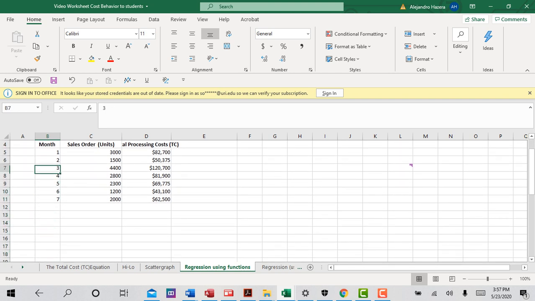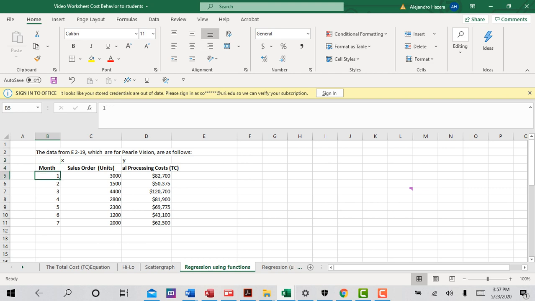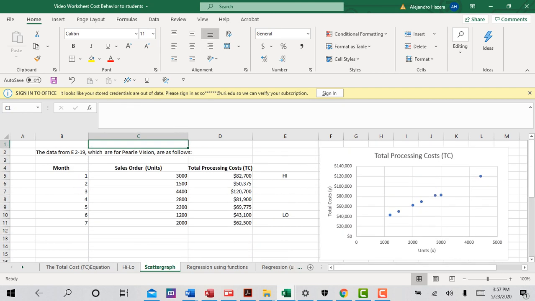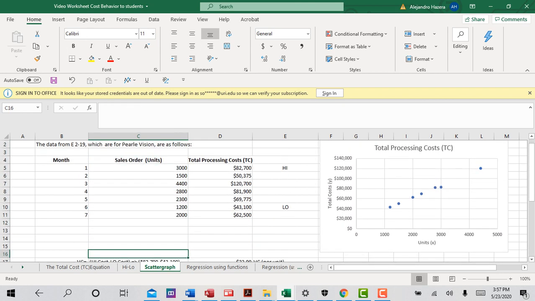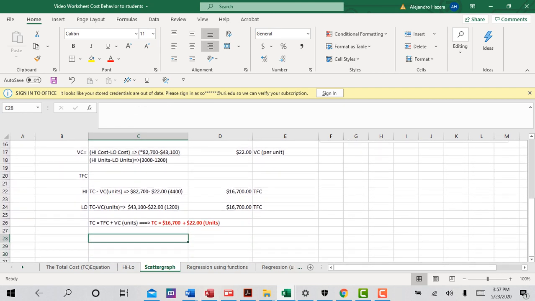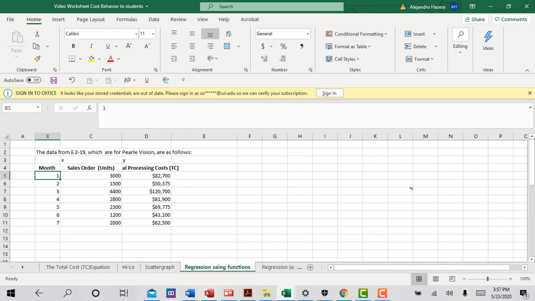It is one we're primarily going to be using. This is just an introduction to regression, and we'll be doing more of it in the next chapter. But I want you to learn how to use functions.